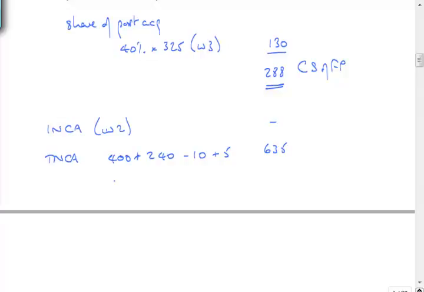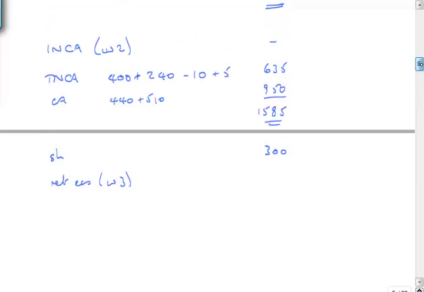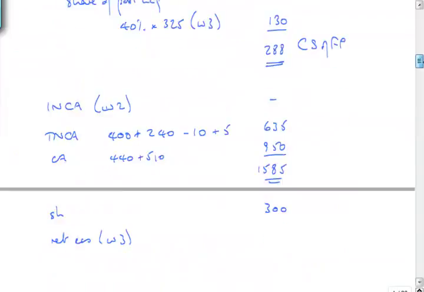Investment in ASTA disappears. Current assets is 440 plus 510, that's 950, gives me 1585. And then we've got share capital, always only ever the parent. Retained earnings, that's in working 3, and that's 767.